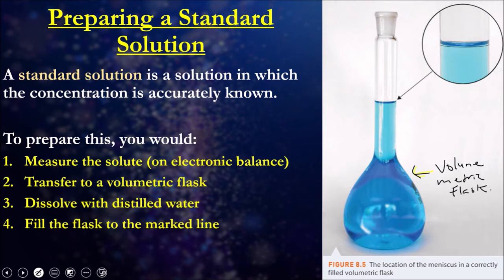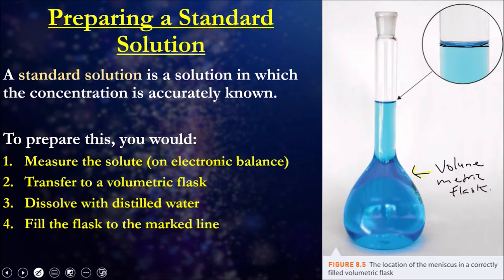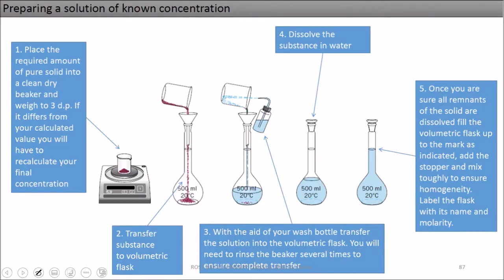To make sure it's accurate, the meniscus of the water should just touch that mark. That ensures you get very close to, for example, 250 milliliters. These are all the relevant steps you need to partake in.